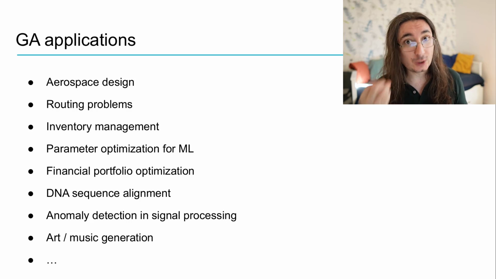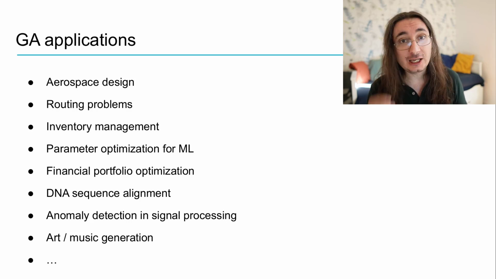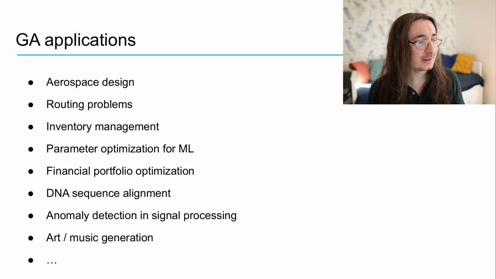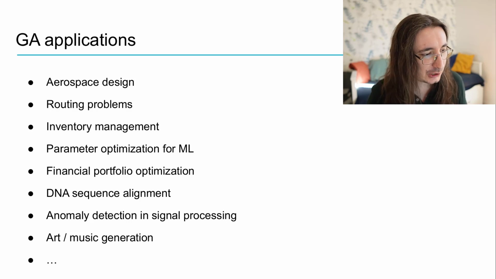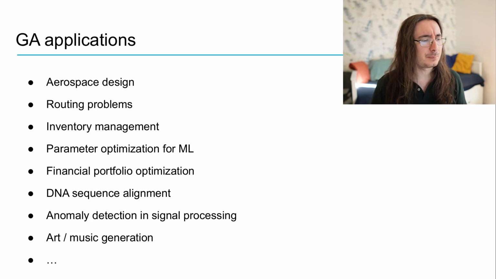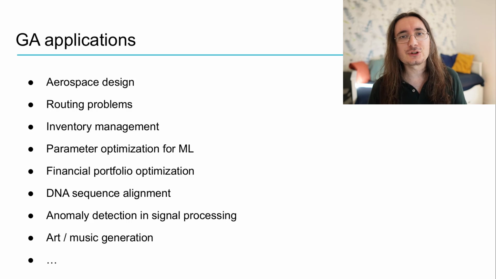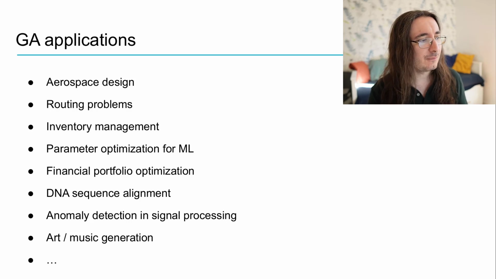Genetic algorithms work really well for fine-tuning of those ML parameters. Genetic algorithms have been used for financial portfolio optimization. Genetic algorithms have also been used for DNA sequence alignment or protein prediction, for anomaly detection and signal processing, and of course for art and music generation, as we'll see later in this video.